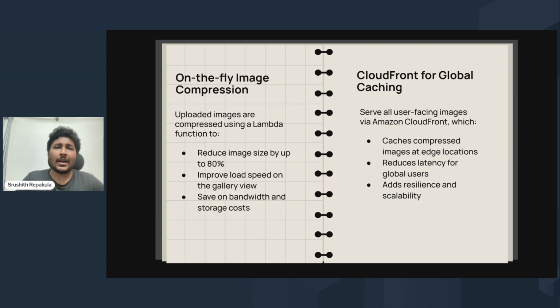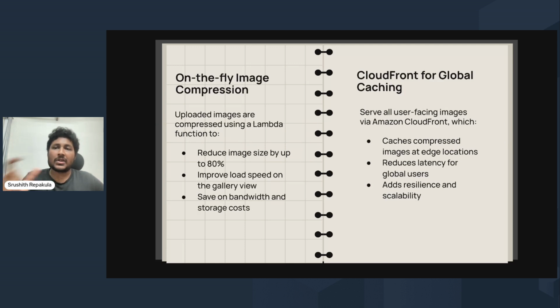And what is the advantage? As you might have tried out by scanning the QR code, the images are loading blazing fast. Every uploaded image is compressed using a Lambda function to reduce the size for blazing fast loading speeds, and to save bandwidth and storage costs as well.